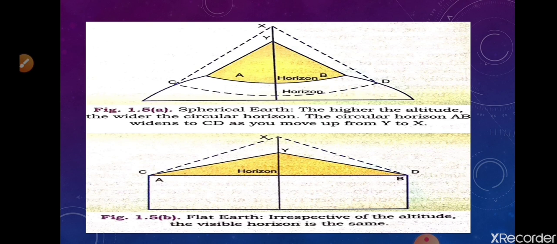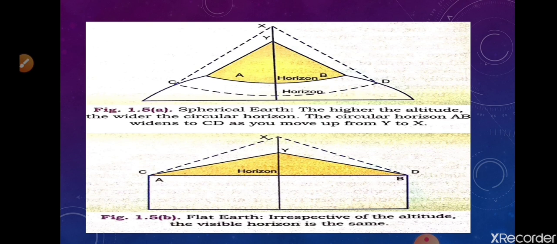As we go upside, the angle or area which is covered becomes wider. As you have seen from a satellite, we can see the full Earth, looking like a full sphere. So as you go upside, that area becomes wider. That's why you can write the answer.